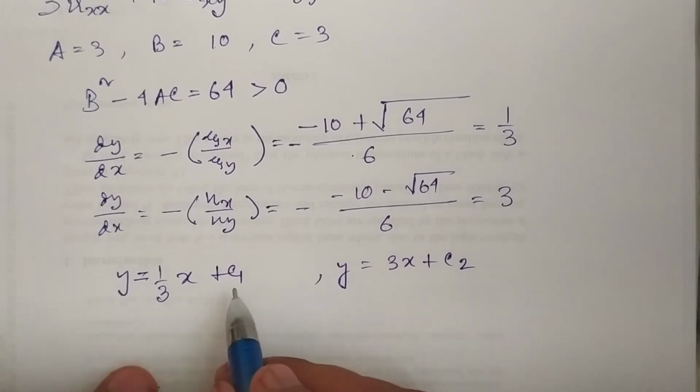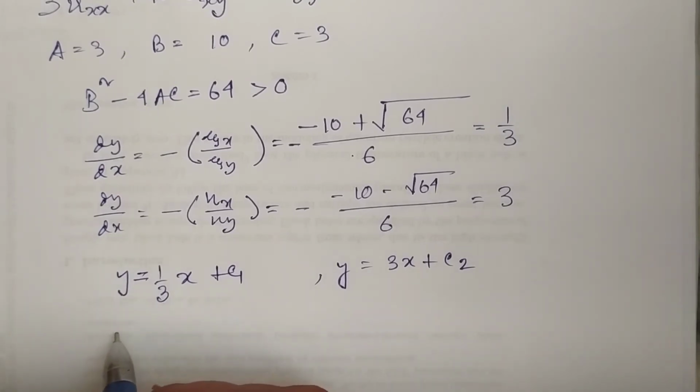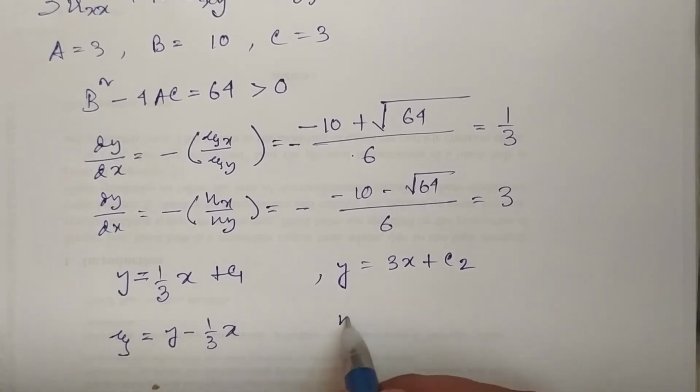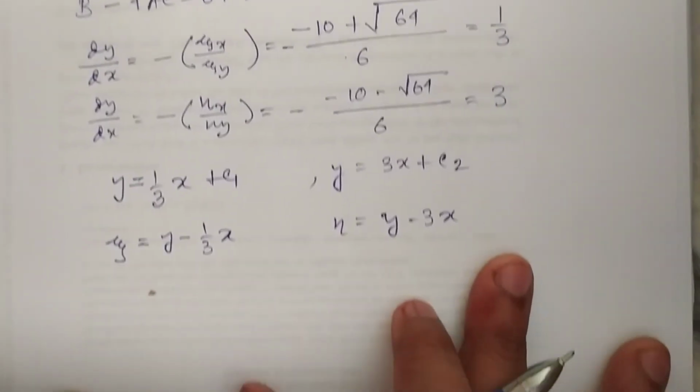And as we have promised that the c1 is equal to xi, we are writing xi is equal to y minus 1 over 3 x, and eta is equal to y minus 3x.